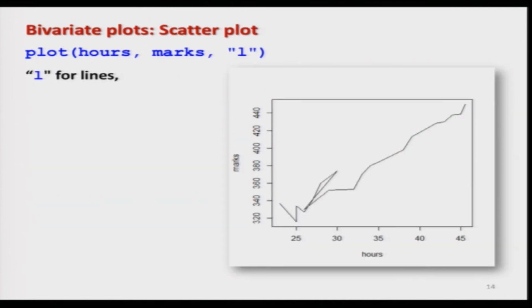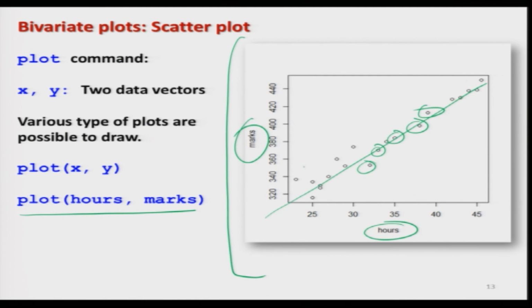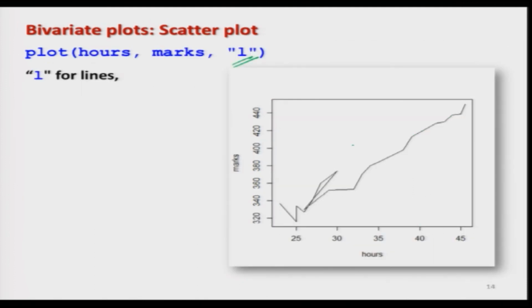Similarly, if you use type is equal to L, then what will happen? All these points are joined together like this and so on, and this is the output. Here there are no points, but those points have been joined by lines, and that is why the type here is L, which means lines.